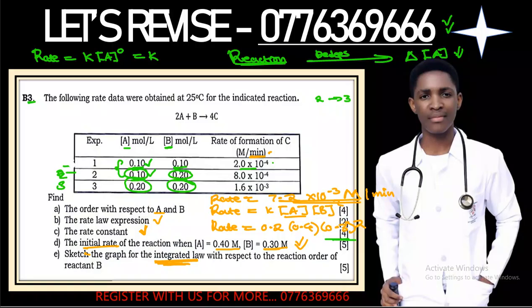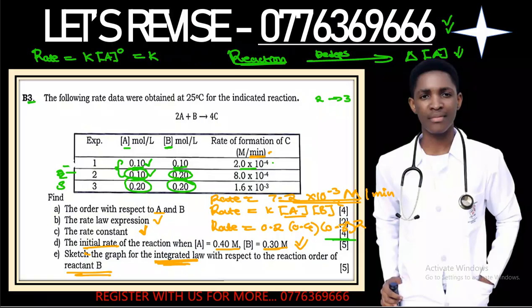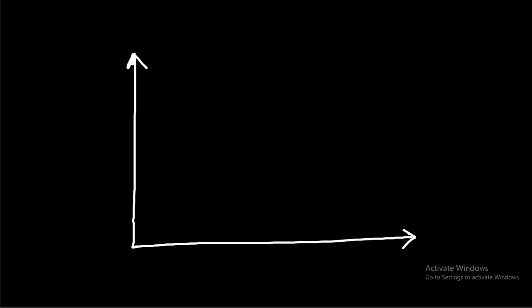So now let's sketch the graph for the integrated rate law with respect to the reaction order of reactant B. Reactant B has a reaction order of 2. So how can we find the integrated rate law for the second order?